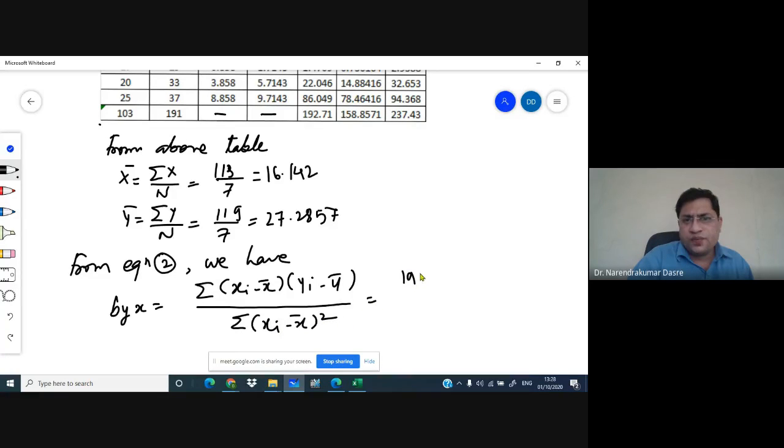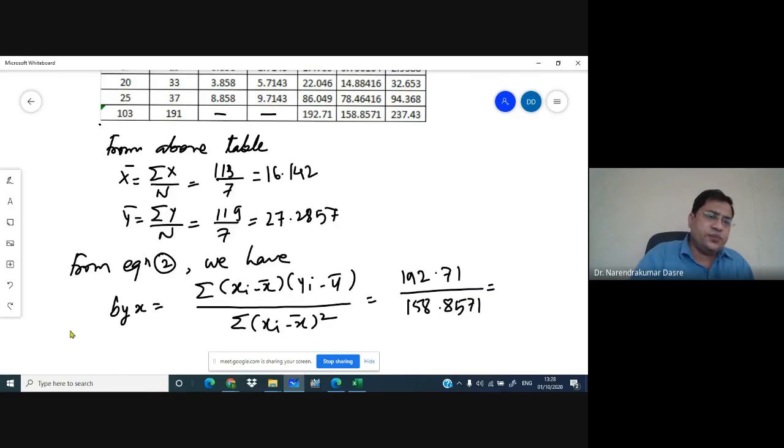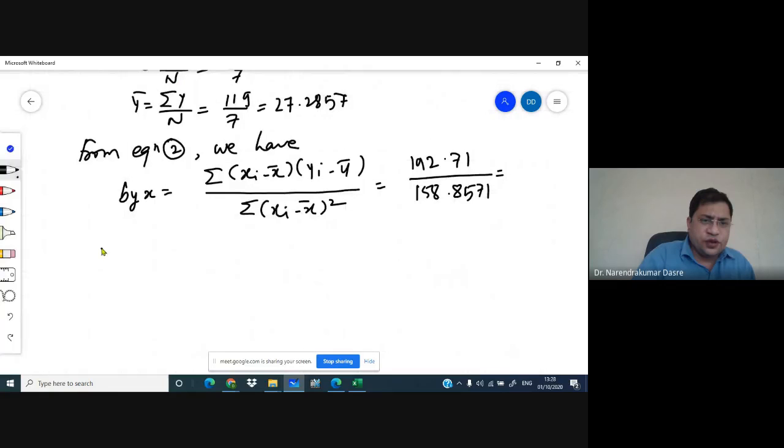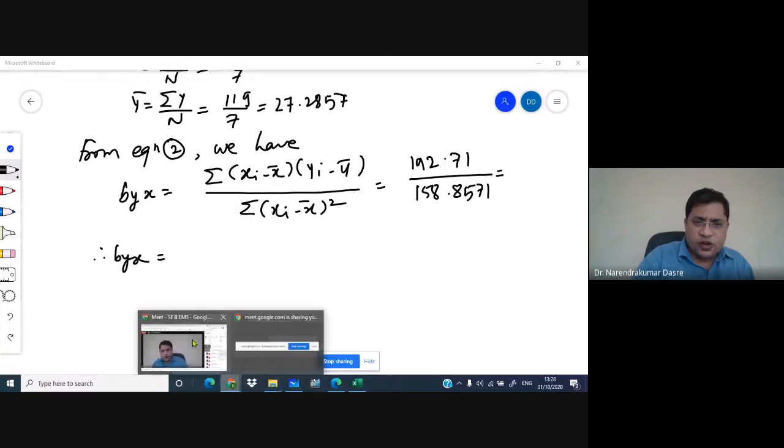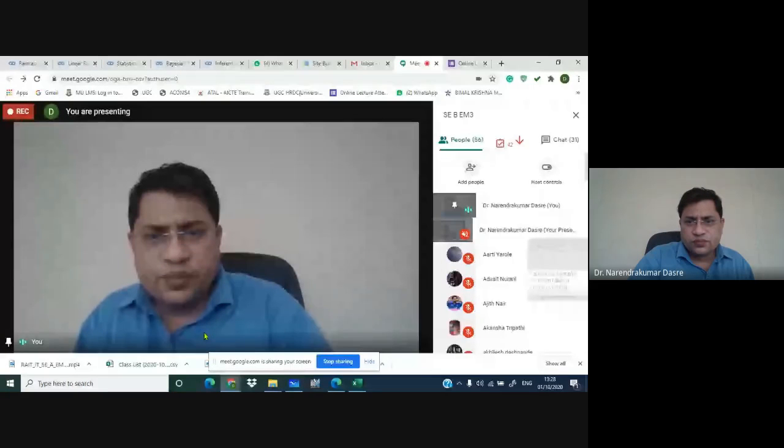Here we have 192.71 and this is 158.8571. So please give me this value. What is the value for byx? What value did you get for byx?